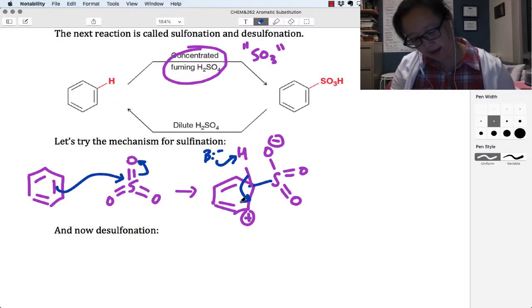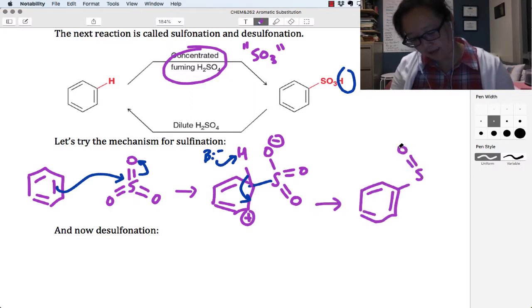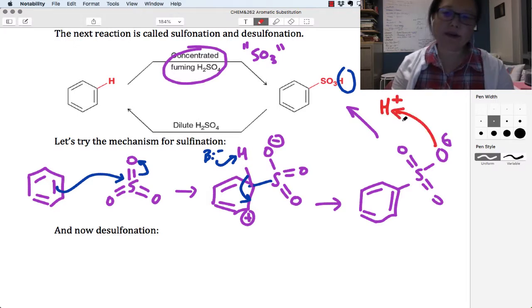And then you can get this H on there by just proton transfer in the next step. I'll show you. So we generate the aromaticity, and then we have the two double bond O's, and we have this O minus. Now we just need to have some acid from H2SO4 to protonate that.